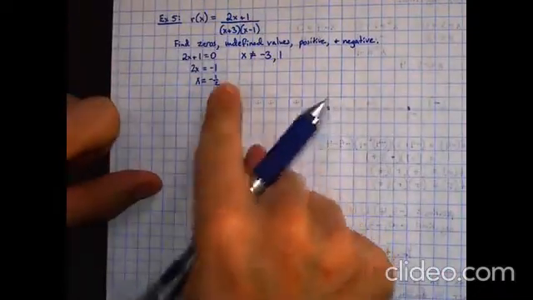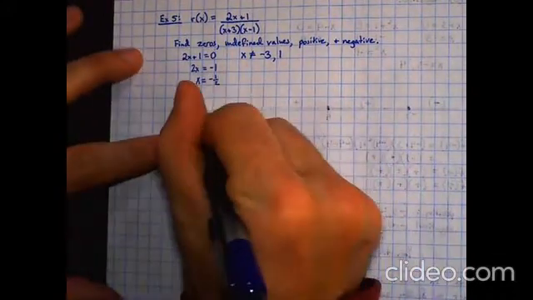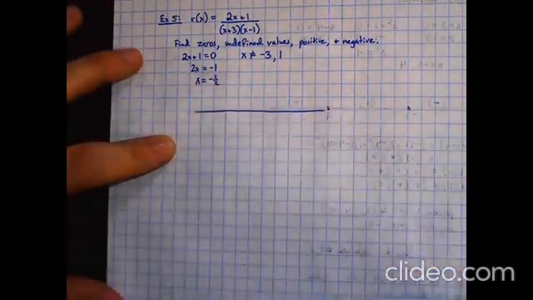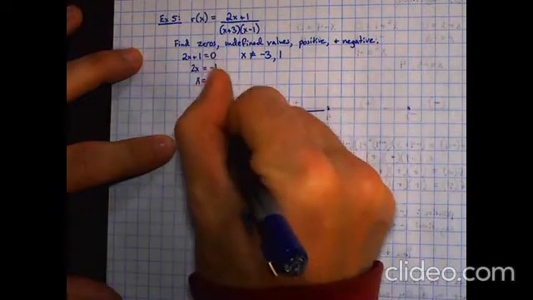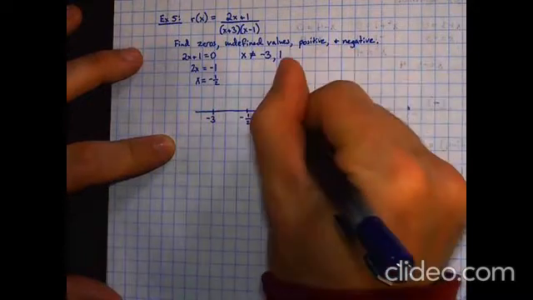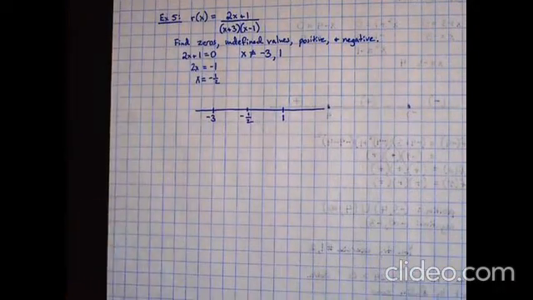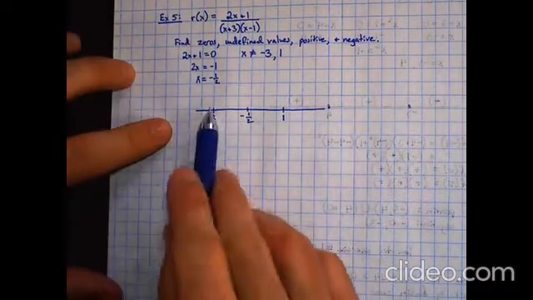So all three of these need to be included on our sign chart because there may be a sign change going on in between these. So we got -3, -1/2, and 1.